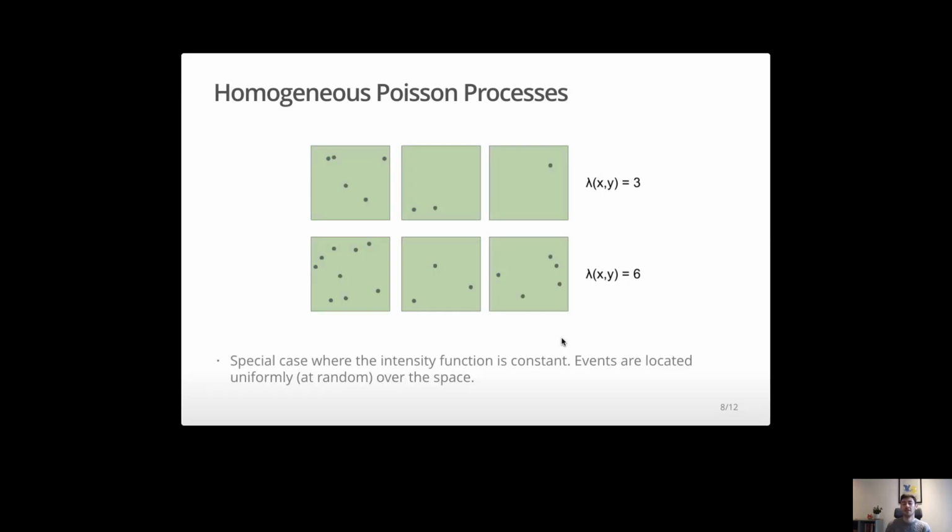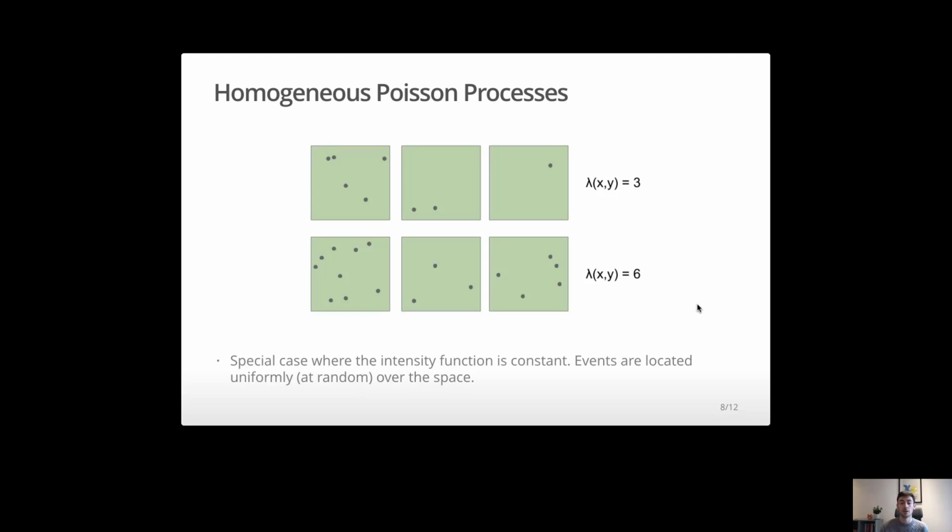So let's look at a bit of an example of this to make it more concrete. Here, what we've got are two example point processes, and they're Poisson processes. So our total event count follows a Poisson distribution, and they're homogeneous, which means that the intensity function takes a constant value.